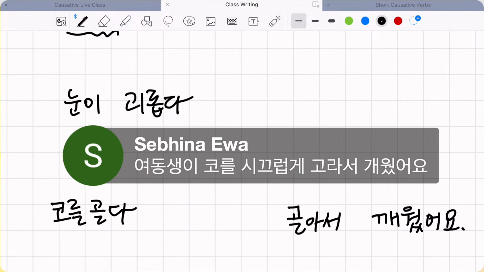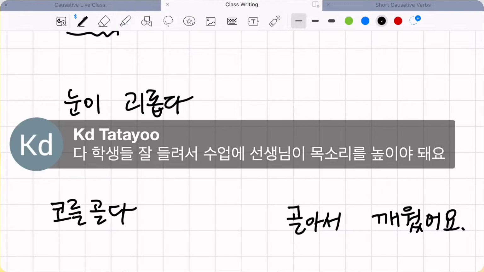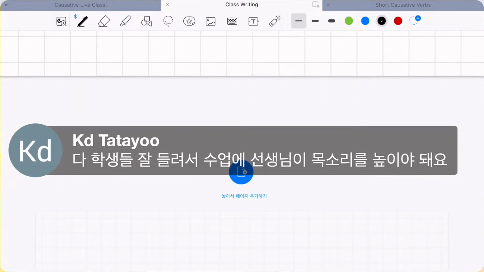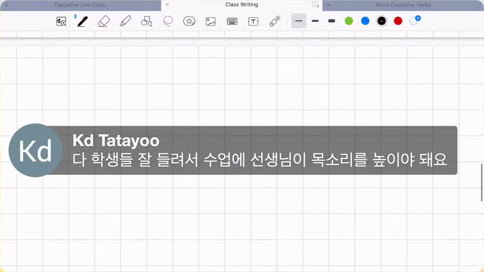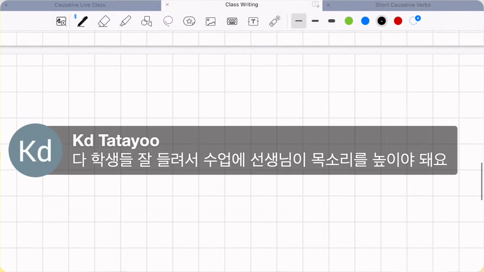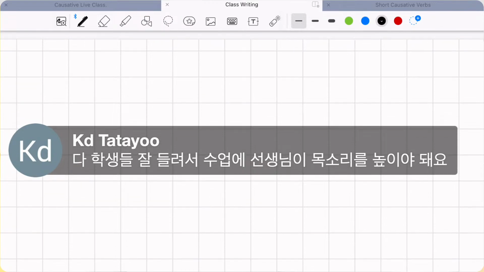그 다음에 다 학생들 잘 들려서 수업에 선생님이 목소리를 높여야 돼요. 모든 학생들이 I'm guessing Talia C might have meant to say all students can't hear you very well, so the teacher has to raise her voice, right? 그런 것 같은데. 그래서 다 학생들이라고 안 하고요.